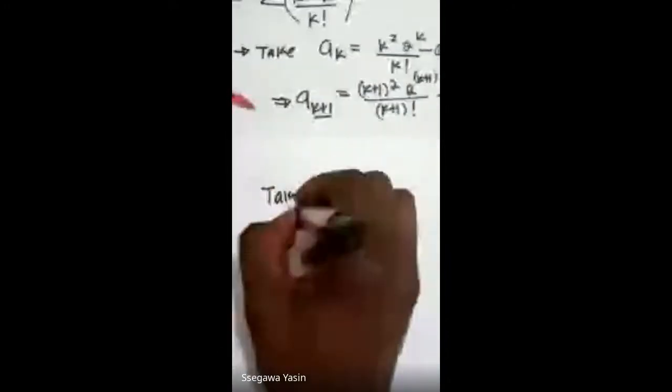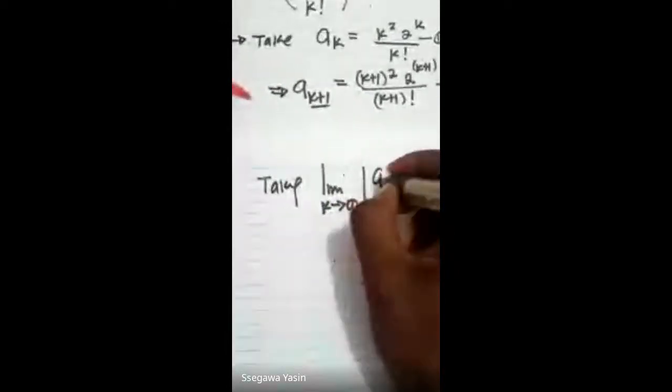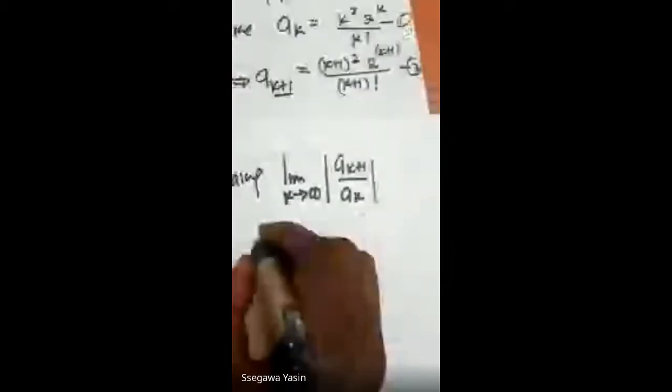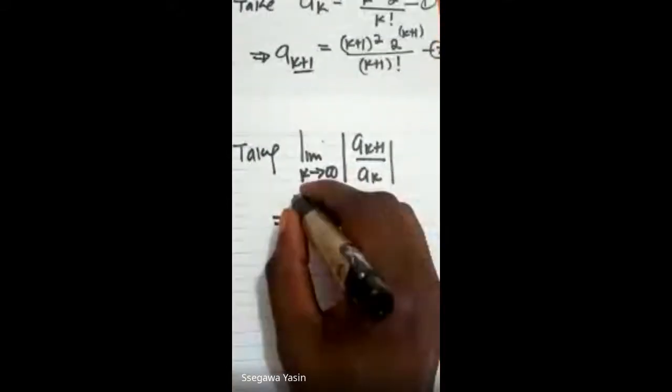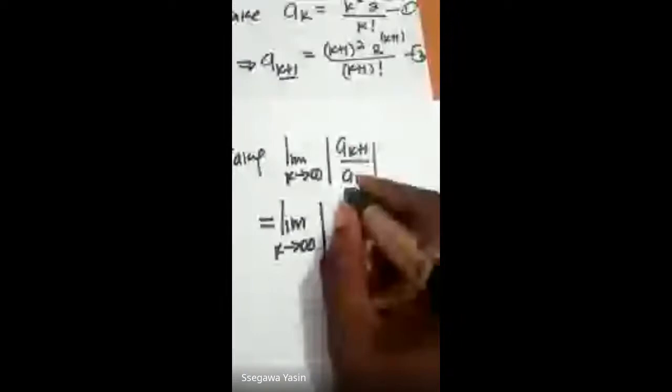So from there, we are now taking the limit as k goes to infinity of the absolute value of a_(k+1) over a_k. When we substitute, we get the limit as k goes to infinity of the magnitude of the upper one, which is k plus 1 squared times 2 power k plus 1.